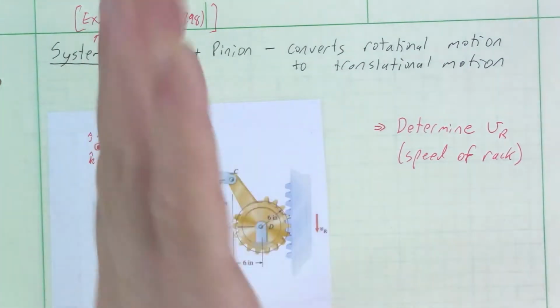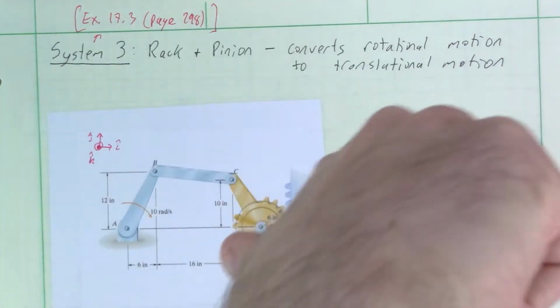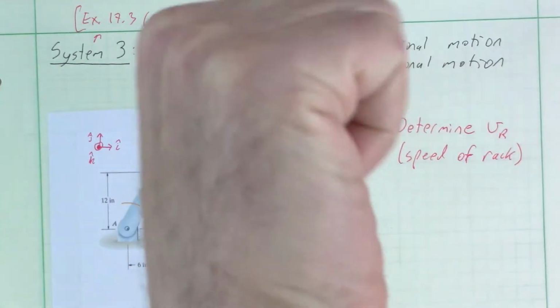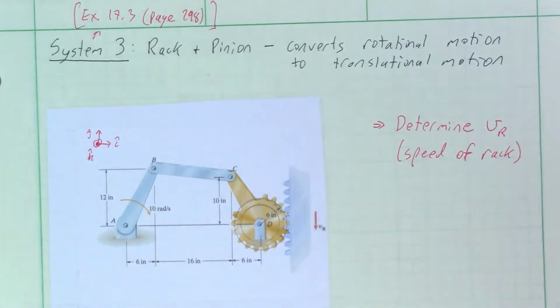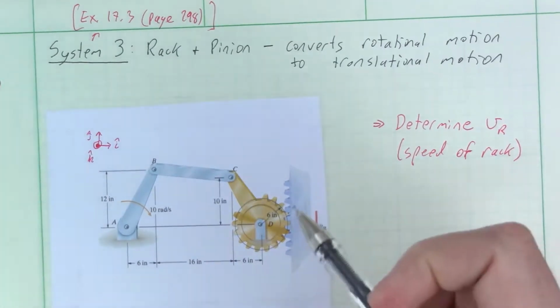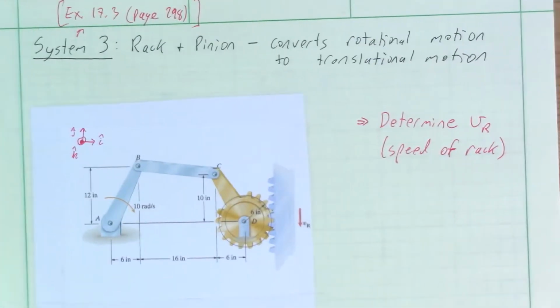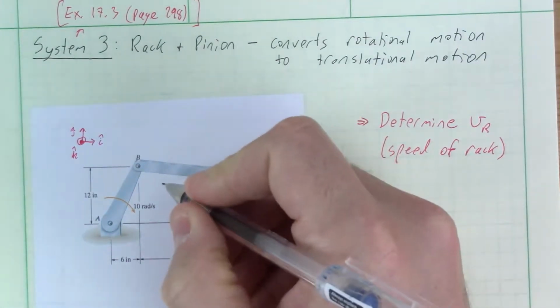So for that rotation, by the right hand rule, wrap in the direction of the rotation, my thumb points into the page. So this is actually a negative rotation in terms of the coordinate system that we conveniently put in there. But the rest of them we're going to impose on the system in the assumed positive direction of the coordinate system.